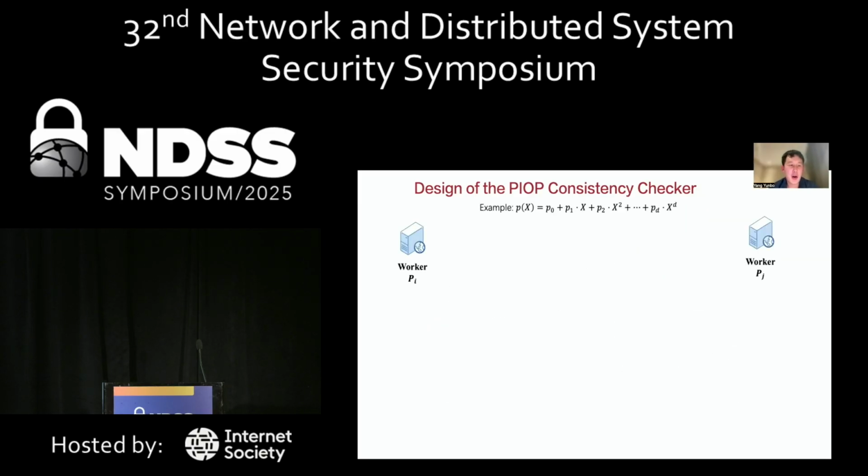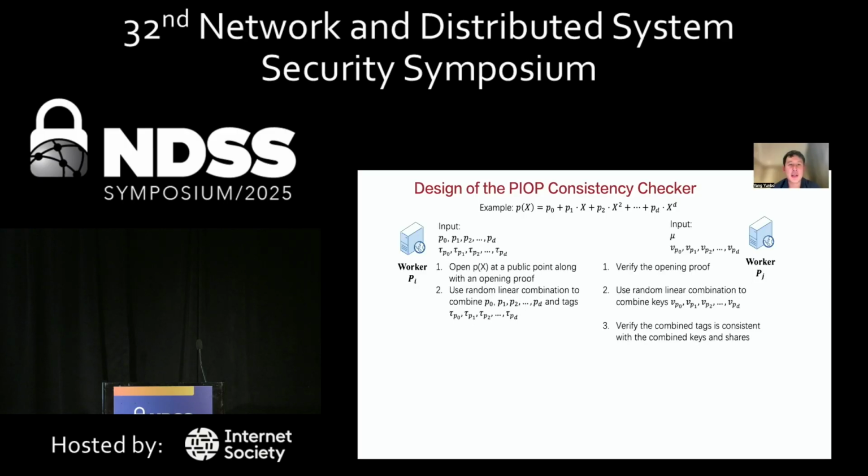And suppose the output prover polynomial only consists of one polynomial P(x) equals p0 plus p1 multiplied by x, up to pd multiplied by x to the d.